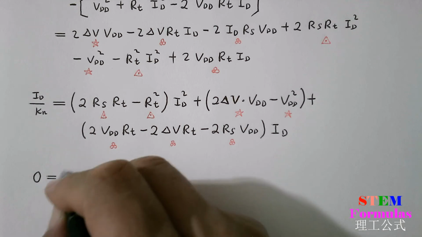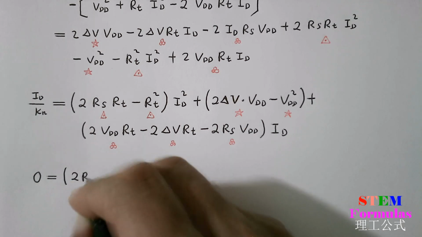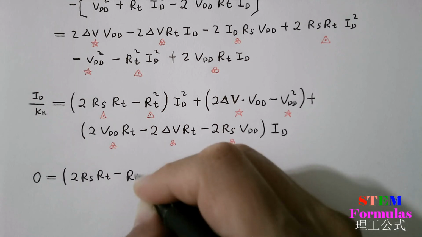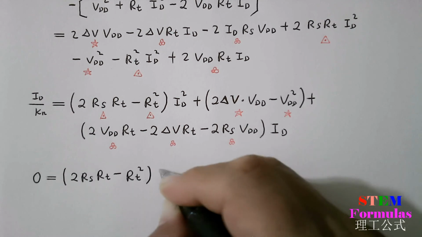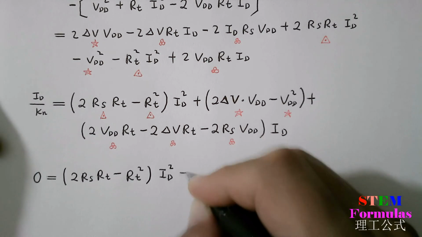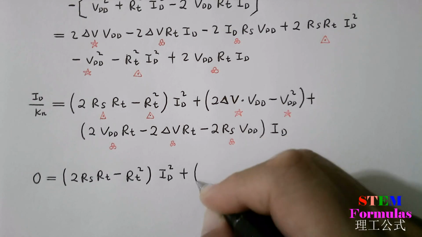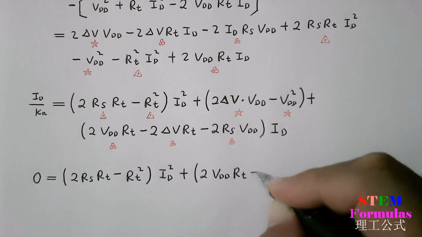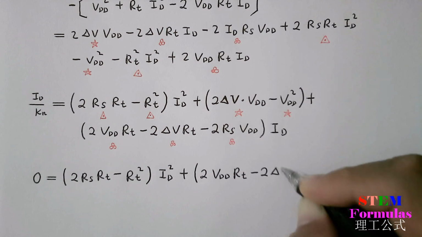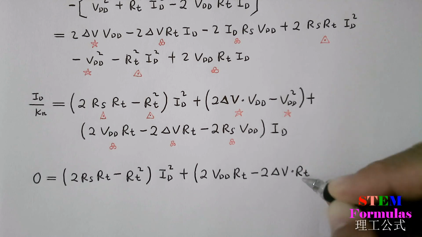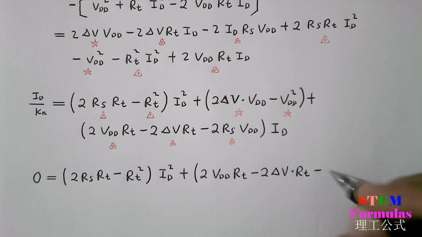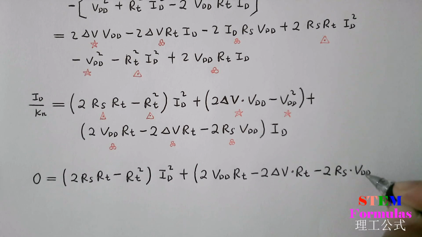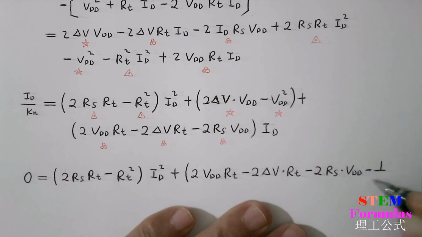2 times RS RT minus RT square, ID square plus 2 times VDD RT minus 2 times delta V times RT minus 2 times RS VDD minus 1 over Kn.